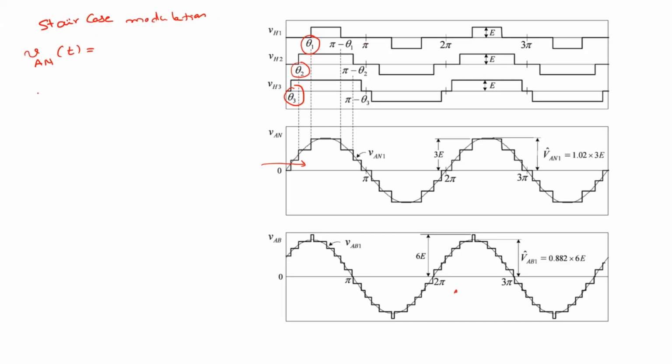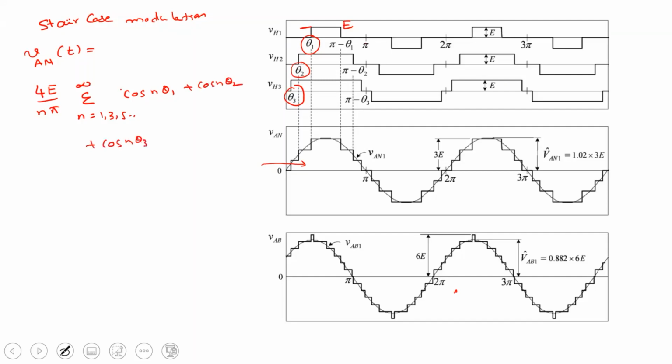VAN equals 4E by n pi, where each bridge has magnitude E, sigma n equal to 1, 3, 5, and so on. Even order harmonics are eliminated. So we have cos n theta 1 plus cos n theta 2 plus cos n theta 3, and so on.